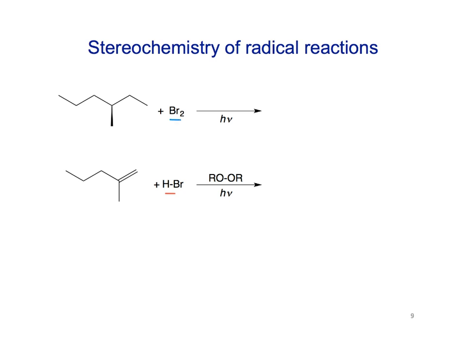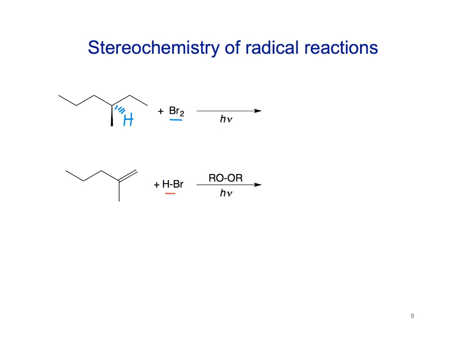If we're going to brominate this molecule, where is the bromine going to end up in that structure? Right, at that tertiary position. So what we have to think about to understand the stereochemical outcome is what the intermediate is going to look like at that position.